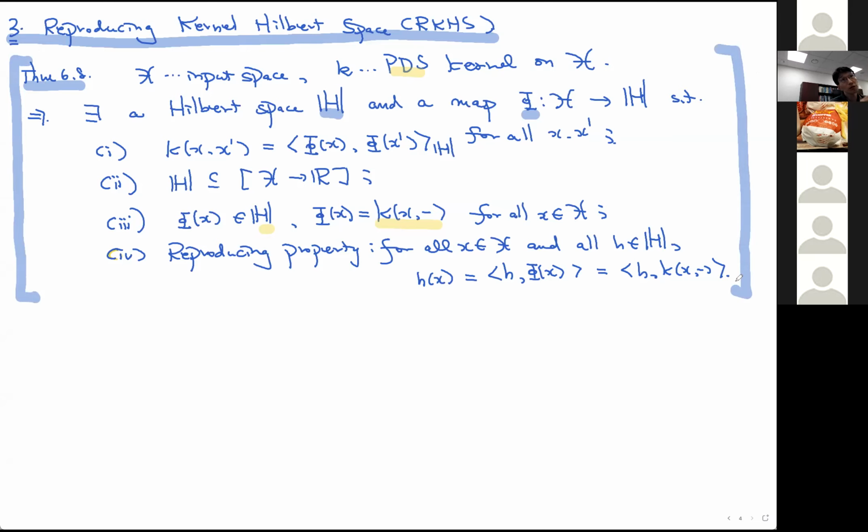By the way, I think some of you have no idea what a Hilbert space is. A Hilbert space is a bit like R to the n, but more generalized. Some may wonder what Hilbert spaces are.